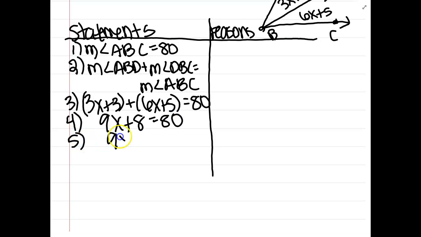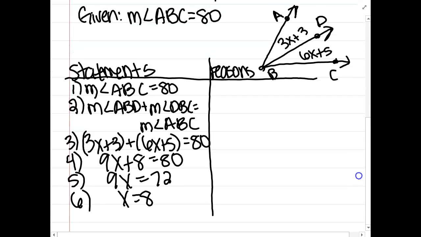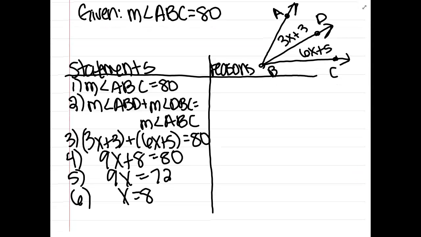The fifth statement says 9x equals 72. And then the last statement says x equals 8. So once again, these are the ones they're going to give you. This is everything that you would be given on your homework. You got to come up with the reasons. And I think they kind of fill in some of the reasons for you. But we're going to come up with all of them because it's so fun.